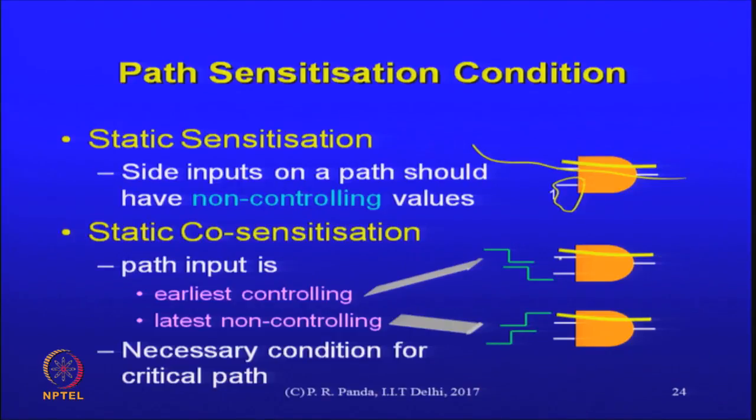If both of these have controlling inputs, both have zeros, then we want that along our path the controlling input should appear earlier. Then it does not matter that the other input also gets a controlling value; the change in the output is because of our input.